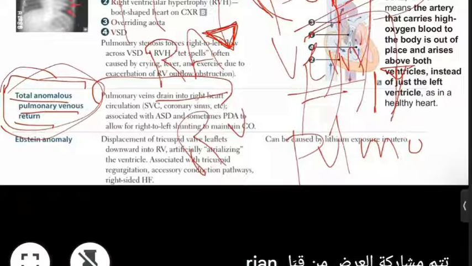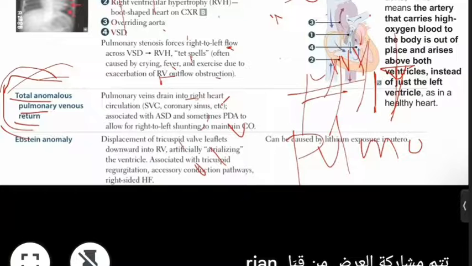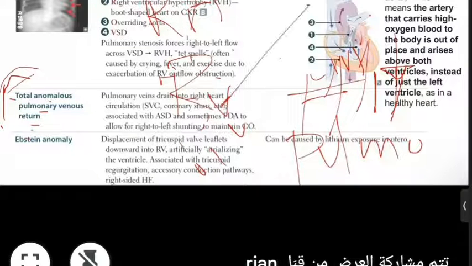Now, this is a very easy question, a very easy topic. Listen here to understand the point. If you have here the right atrium, and here the right ventricle, this right ventricle will bring this deoxygenated blood to the lung.